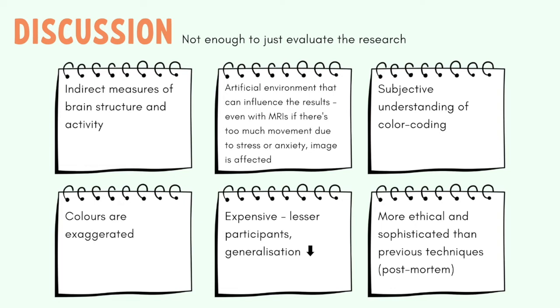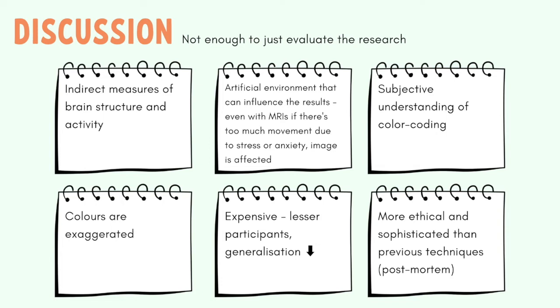Even with MRI scans, there are limitations to the image produced, even though it is a structural image of the brain, and that won't really change. Even the slightest of movements during the scan may distort the image produced. Okay, and this could affect the reliability of what a researcher may observe.